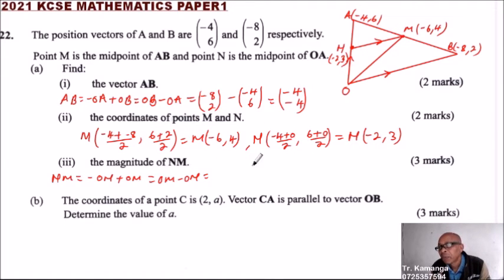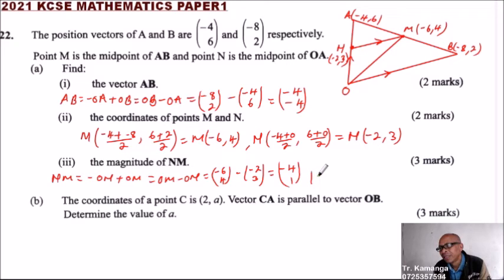Our OM is (-6, 4), minus ON, which is (-2, 3). This you will be able to get as -6 minus -2, that is -6 plus 2, which gives you -4. And 4 minus 3 will give you 1. So that is our vector NM.